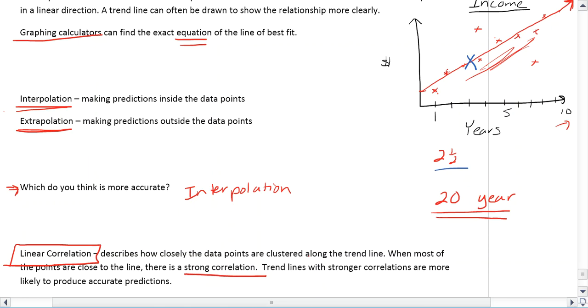And if you're going to do that, you want to have a really nice, tight, linear correlation to your line so that you can be confident in telling the boss, yes, I can make good predictions. Otherwise, if your correlation is very low, you might even tell the boss, I can't predict. Things are just a little too spread out, a little too much variance in the data.